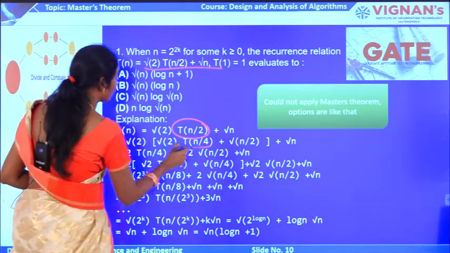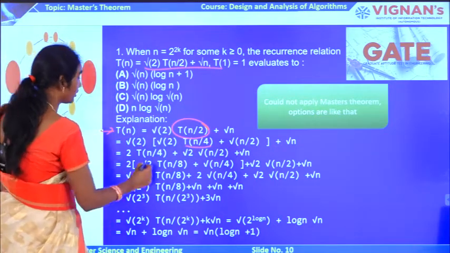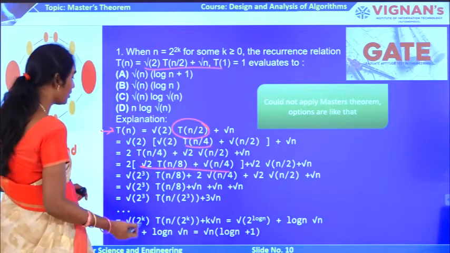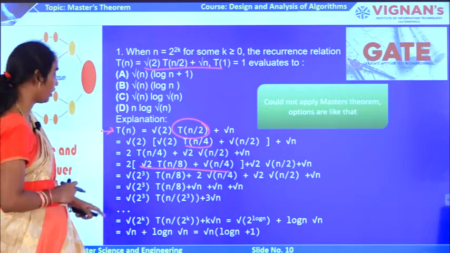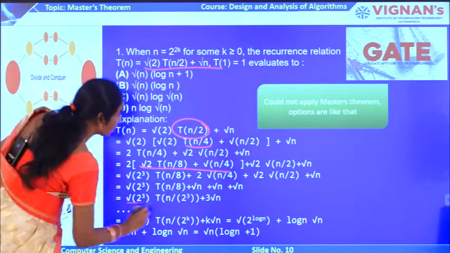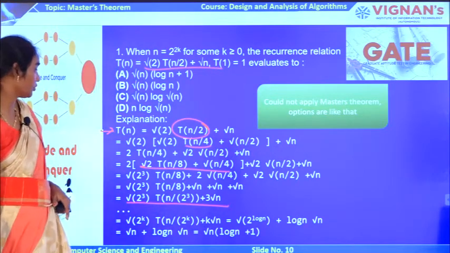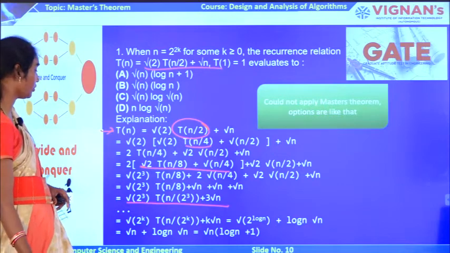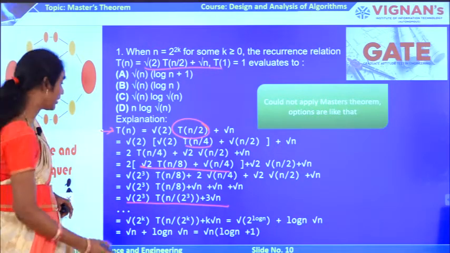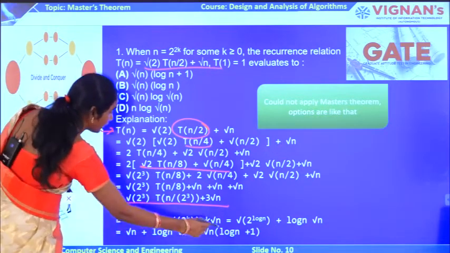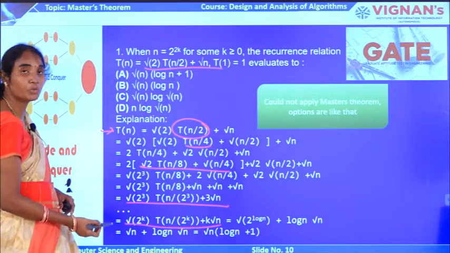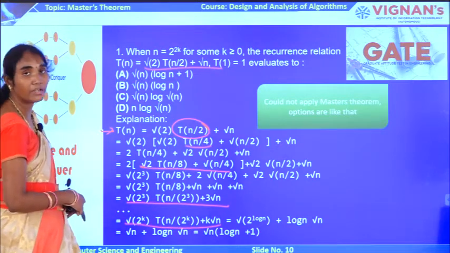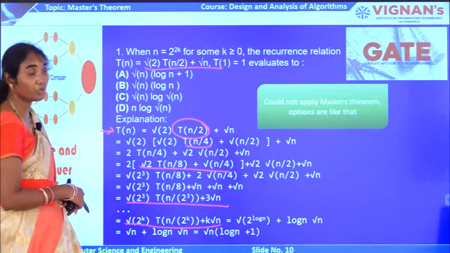Now again I substitute T(n/4), and doing like this we get root of 2 cube into T(n/2 cube) + 3 into root of n. That can be written in generalized manner like this: root of 2 to the power of k into T(n/2 to the power of k) + k into root of n.